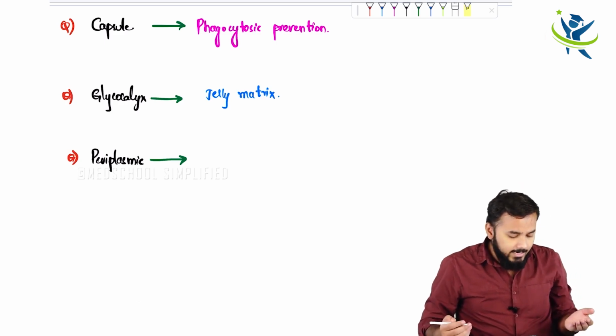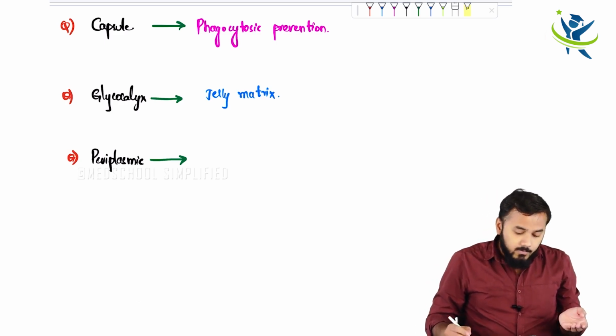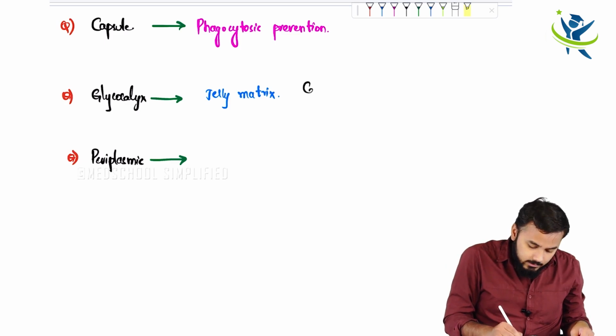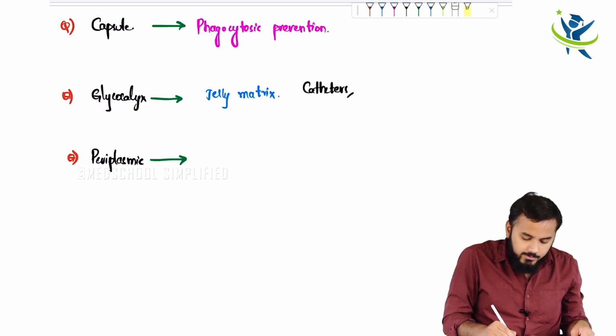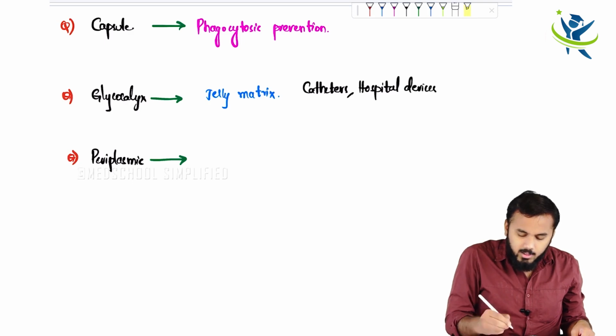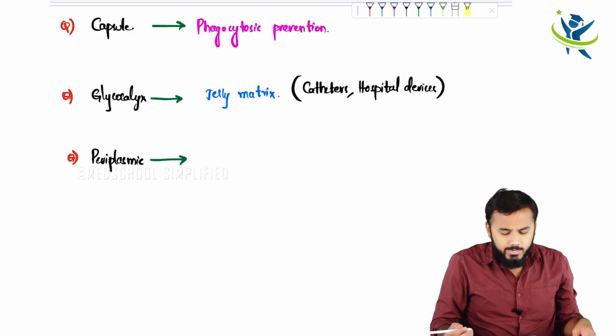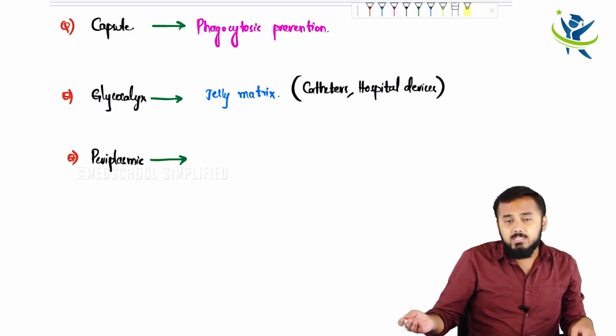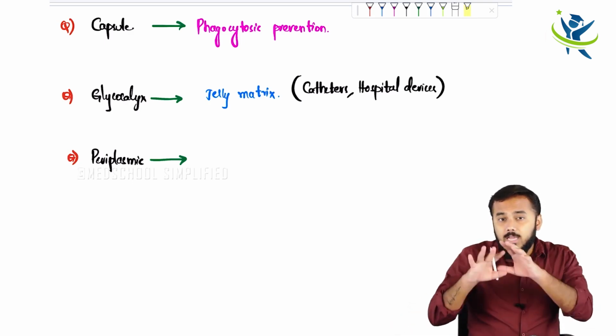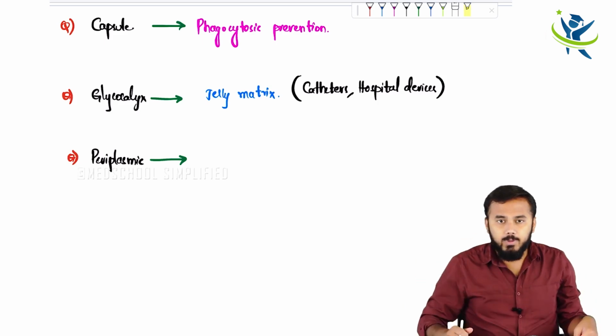So if you are using catheters or any kind of hospital devices, all the invasive methods, with the help of these devices also, glycocalyx containing bacteria is entering into my body.